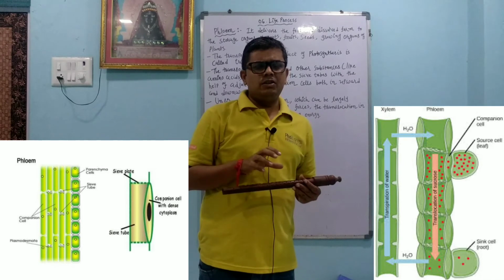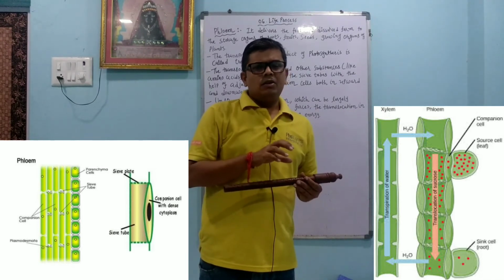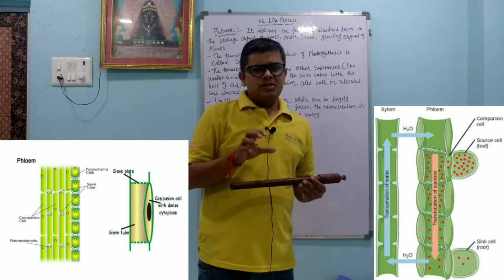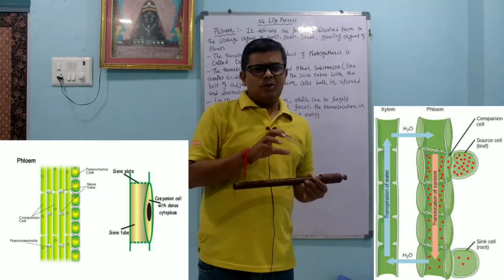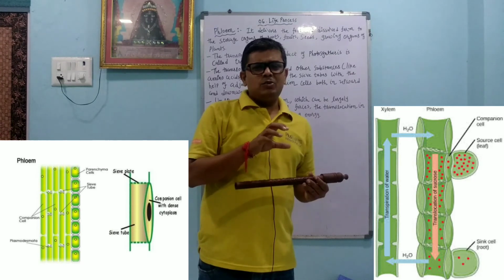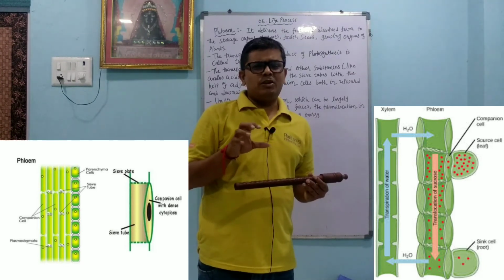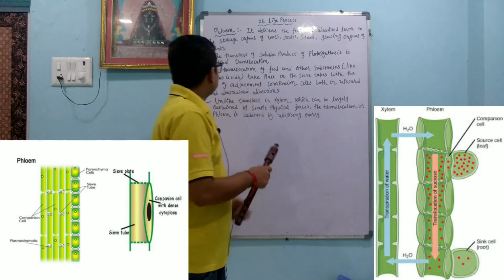It occurs in the leaf, in the chlorophyll. Carbon dioxide reacts with water to make glucose, and oxygen gas is produced. This product is converted into liquid or soluble form, and then it is transported from one part of the plant to another, and that is called translocation.